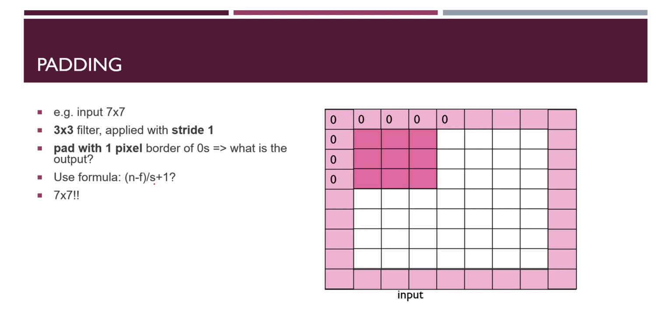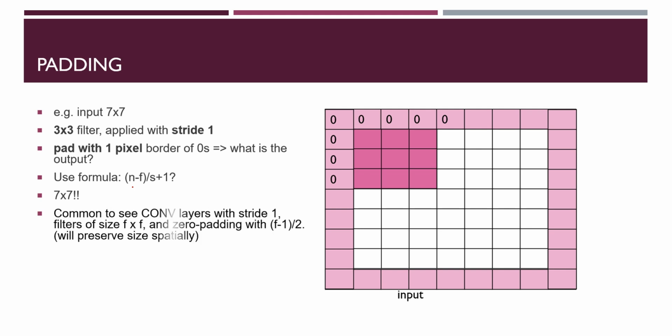So 9 minus 3 is 6, divided by s, that is 1, plus 1, that is 7. So if we apply padding to the image, then we can preserve the dimensions of the image even after convolutions, if we have a stride of 1 in this case.